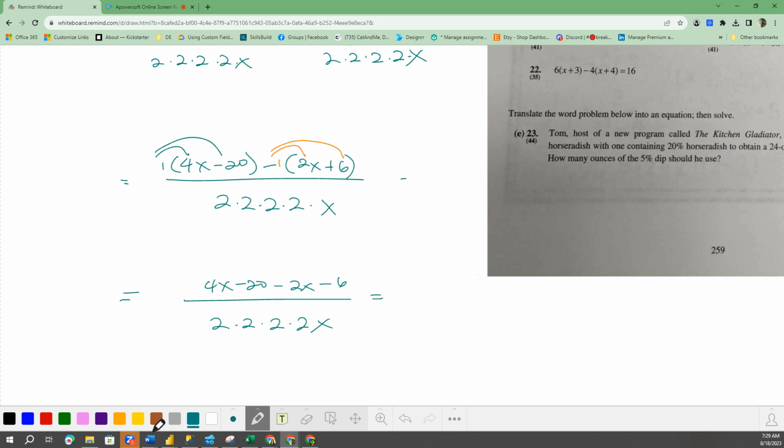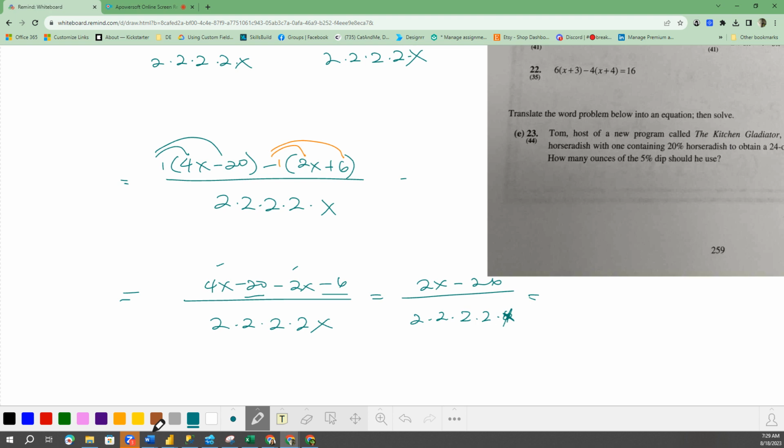Okay, combining like terms on the numerator, you have 4x and 2x, that's going to be, I can't even subtract anymore. Okay, so yeah, that's 2x, and then negative 20 minus 6, that's negative 26. 2 times 2 times 2 times 2 times x.